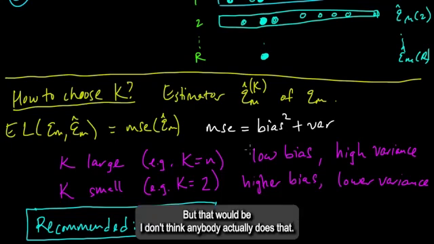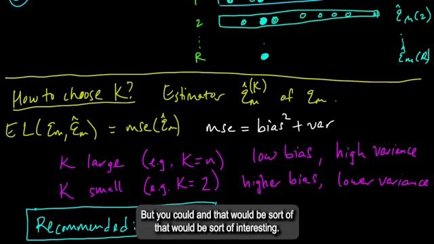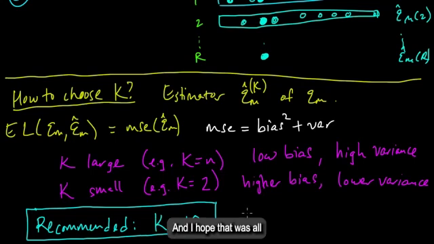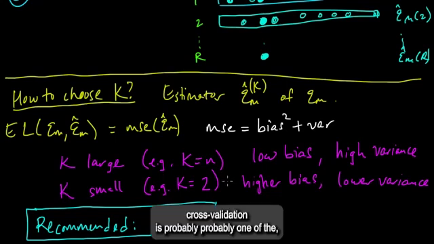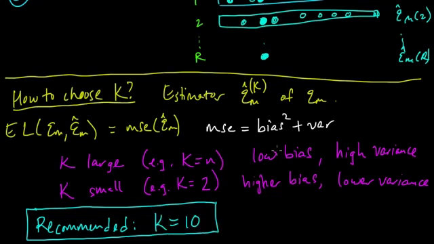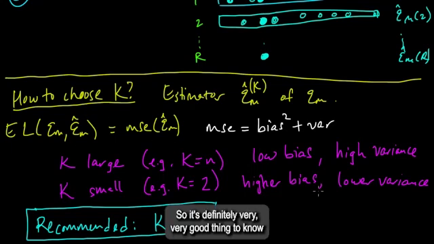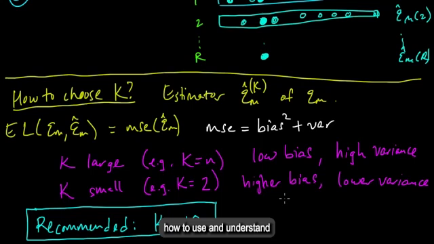But I don't think anybody actually does that. But you could, and that would be interesting. So that's k-fold cross-validation, and I hope that was all very clear and interesting to you. I think k-fold cross-validation is probably one of the most widely used types of model selection, so it's definitely a very good thing to know how to use and understand how it works.